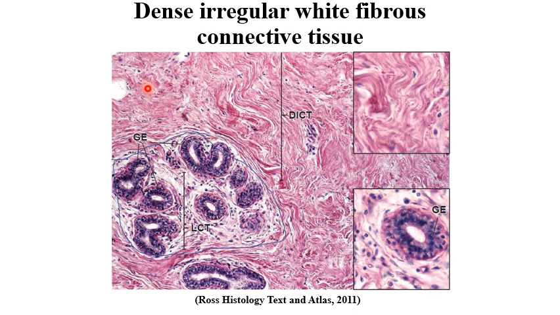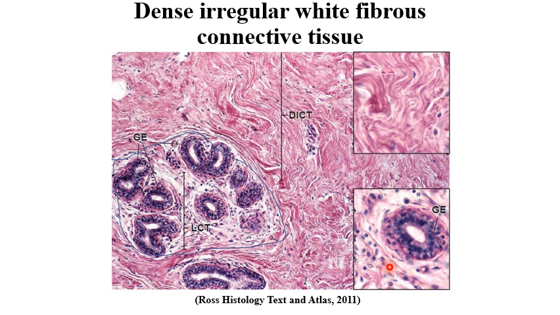This section was taken from the mammary gland. Here we have loose connective tissue surrounding the glandular epithelium and dense collagenous connective tissue for comparison. As we see in this enlarged part of the loose connective tissue, it has a lot more connective tissue cells with fewer fibers.